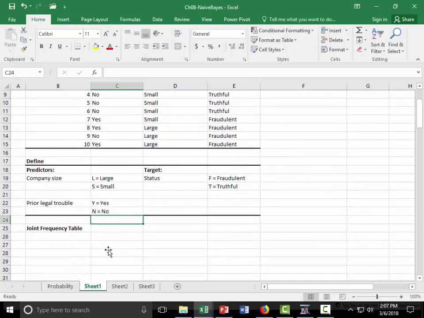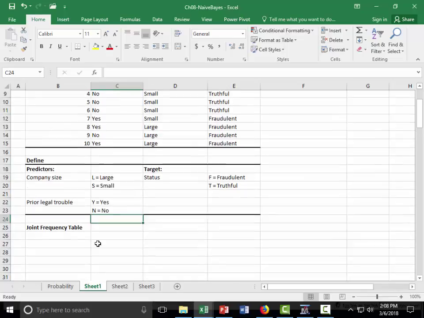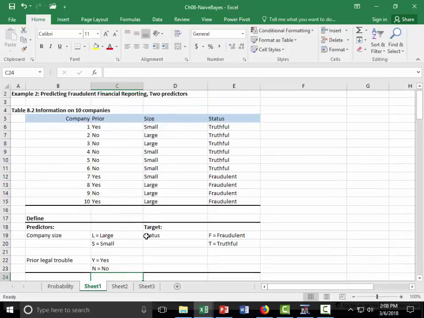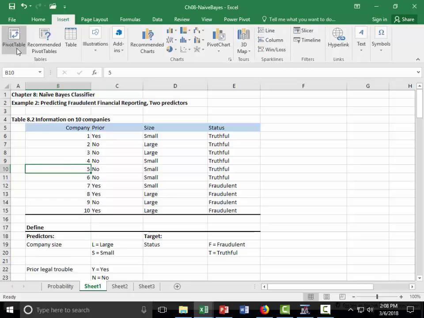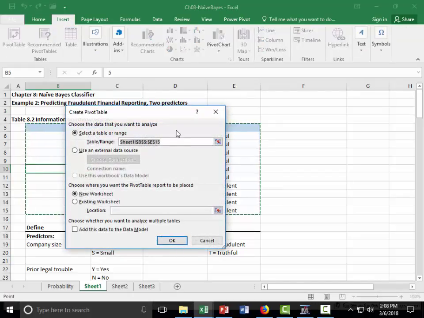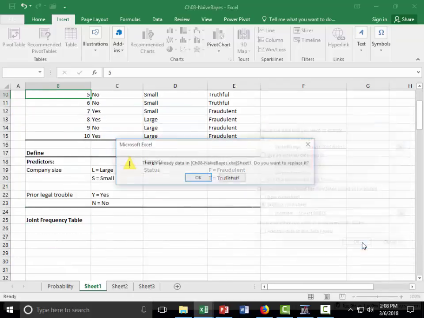So now we can set up a joint frequency table from which we can compute probabilities. We will look at that as our data. So we do a pivot table, and let's put the pivot table right here.